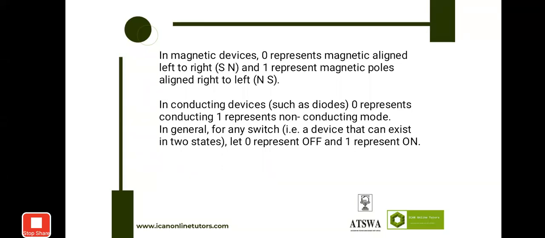For conducting devices, 0 represents conducting and 1 non-conducting. In magnetic devices too, 0 represents left to right, while 1 represents right to left.